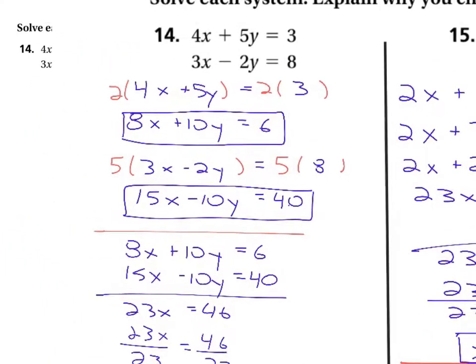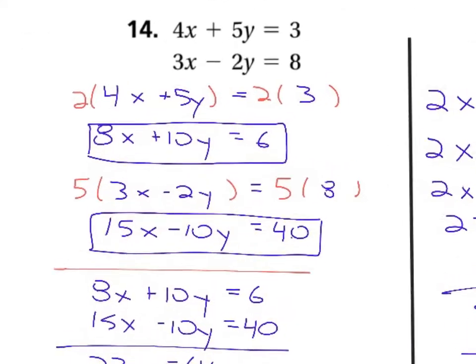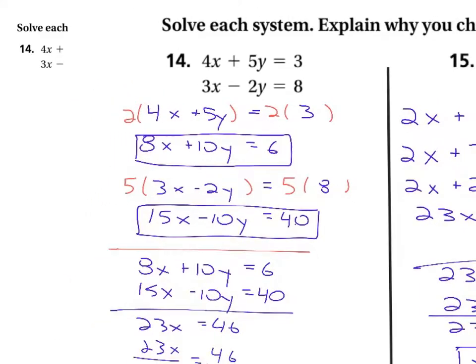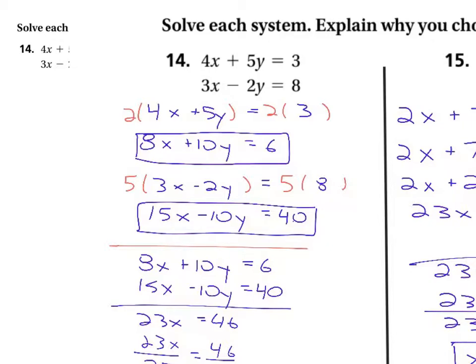So on this first one, when I look at this, I notice a couple of things. I was originally thinking about graphing because these are both in standard form, but I know that when I graph, if I put 0 in for x right here, I just get 5y equals 3, then when I divide by 5, I'm going to get a fraction, y equals 3/5.